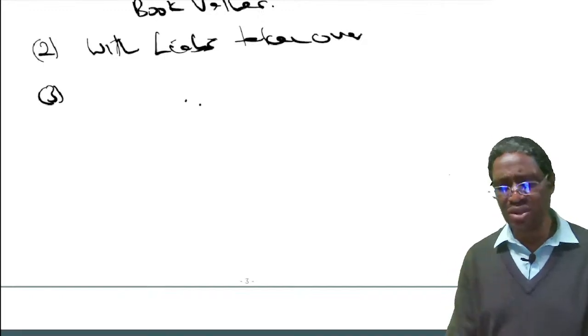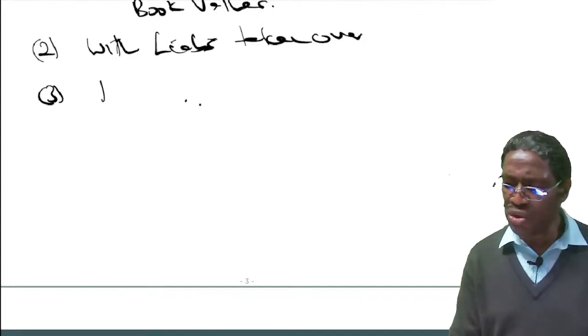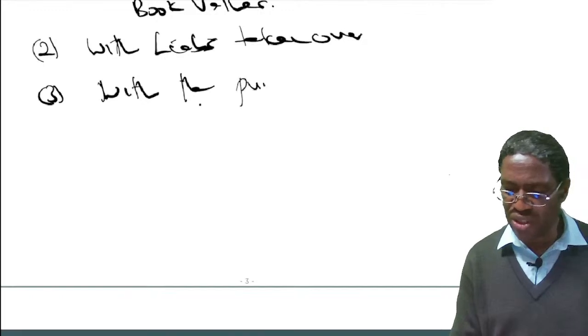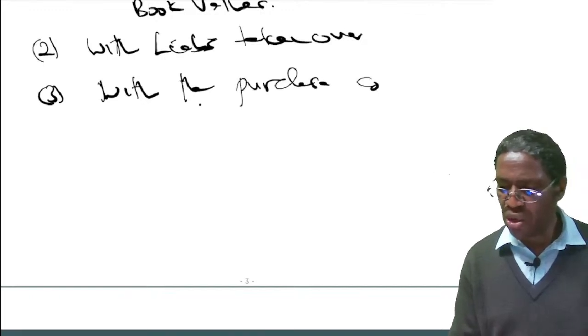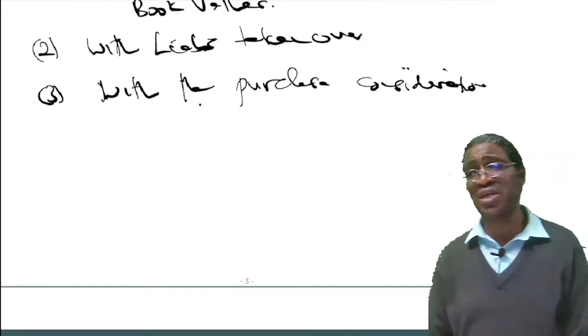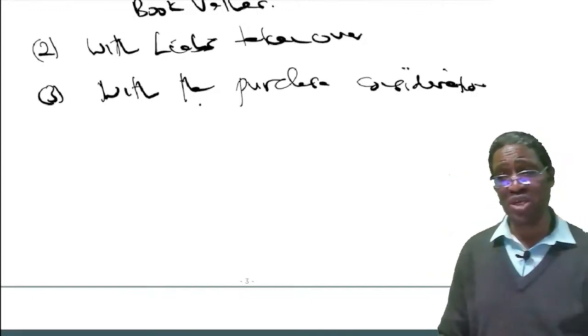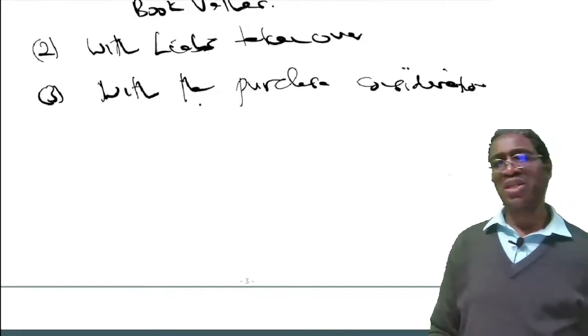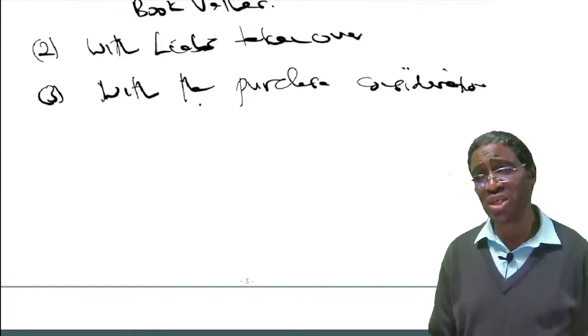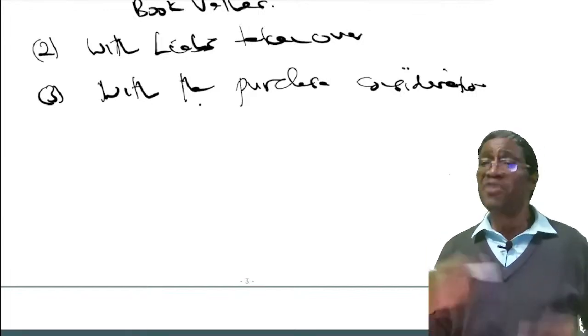So our step number three says, with the purchase consideration, what is it that you as company A are charging company B? It could be that the question tells you, or you realize, that you are charging company B, let us assume, 50 million.